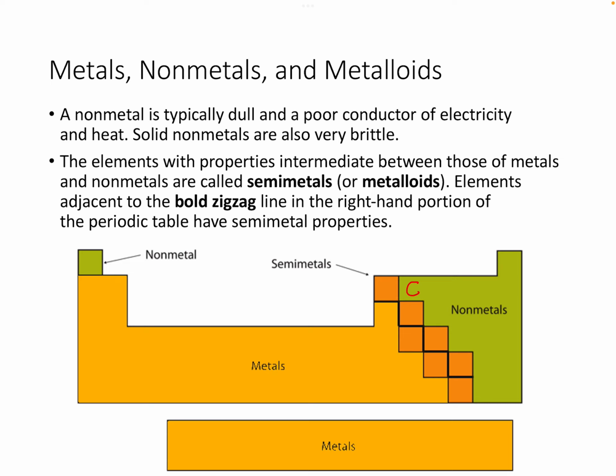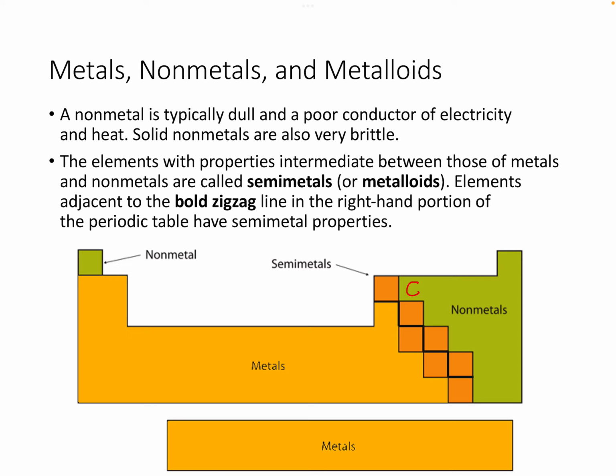Or a diamond, I guess. Diamonds are also made of carbon. But graphite is very brittle, right? And we can't conduct electricity or heat using your pencil graphite. So that's one example of a nonmetal.